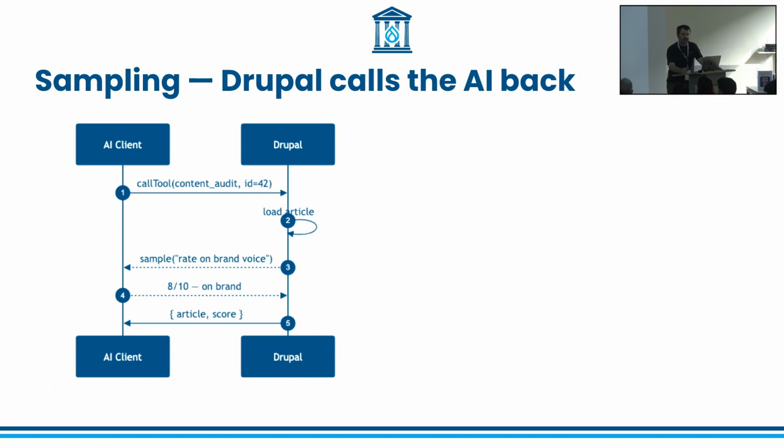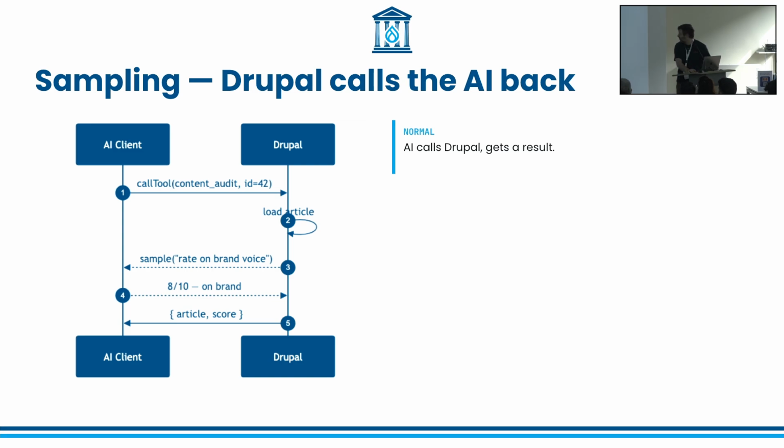You run a tool, the tool returns the result, and your LLM uses that result for you. But sampling actually flips it the other way. So in the middle of a tool call, Drupal can pause and ask the LLM something, and the LLM can return the answer, and then the tool can use that answer and return the final answer.